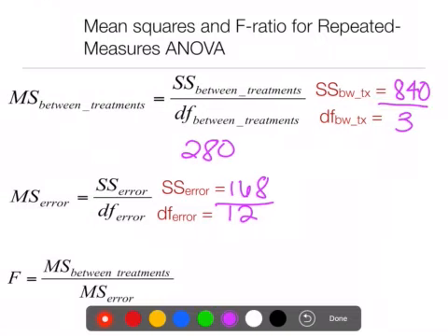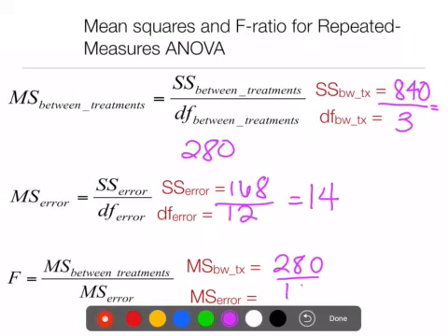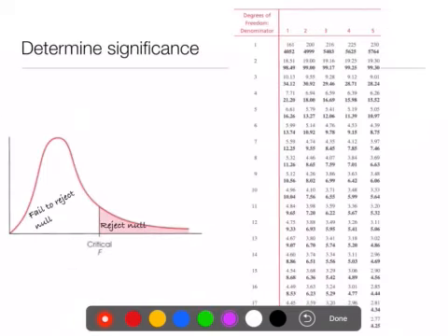We'll do the math on that, and we get 14. And so we take our mean squared between treatments of 280 divided by our mean squared error of 14, and we will get an F of 20. Yay! We did it. We made it. So that is our F value for this repeated measures ANOVA.